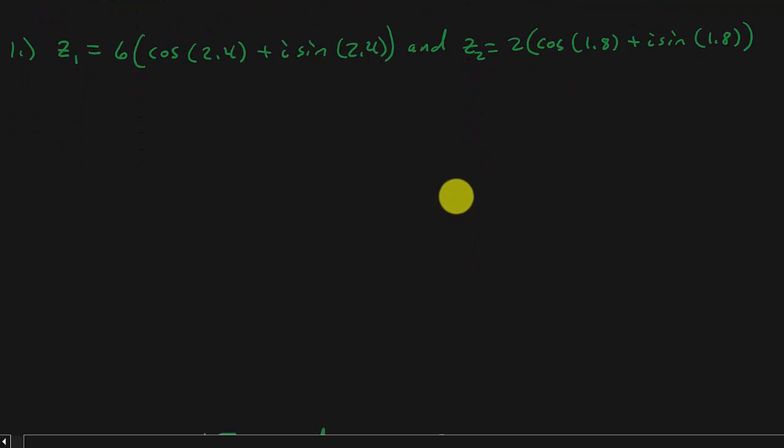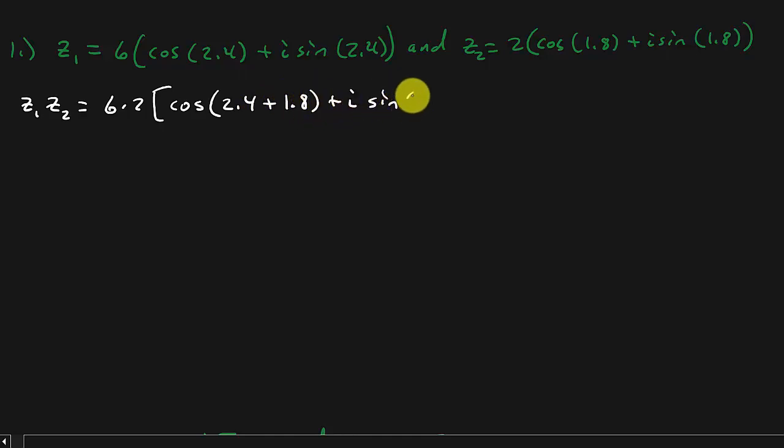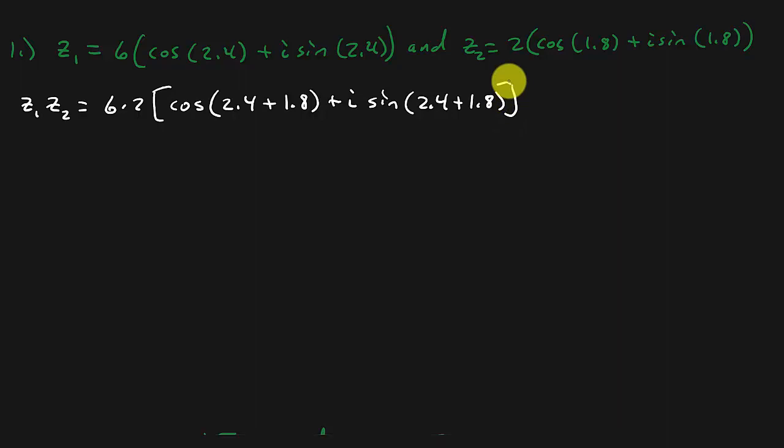All right, so let's go ahead and multiply these things together. So z1 times z2 is equal to 6 times 2 times cosine of 2.4 plus 1.8 plus i sine of 2.4 plus 1.8. I'm just writing it all out, plugging everything in.